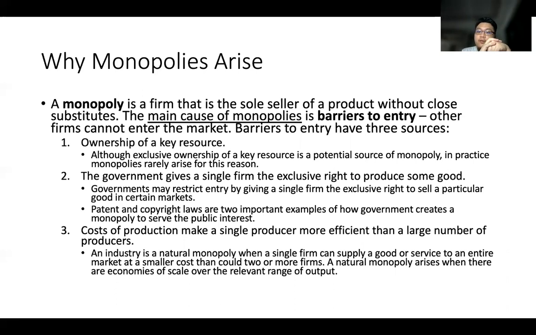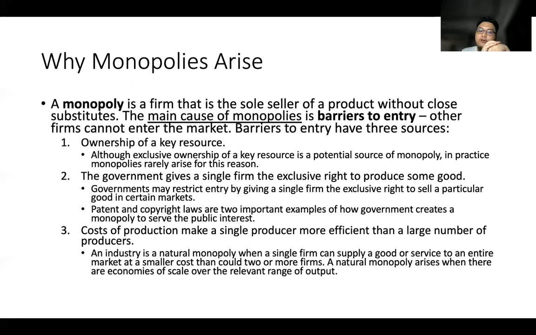Of course, this is more prevalent than number one. Governments may restrict entry by giving a single firm the exclusive right to sell a particular good in certain markets. So patent and copyright laws are two important examples of how government creates a monopoly to serve the public interest.